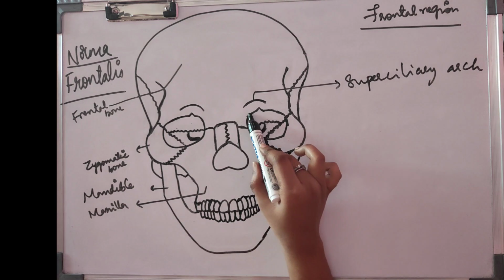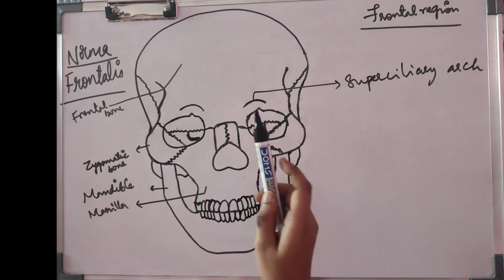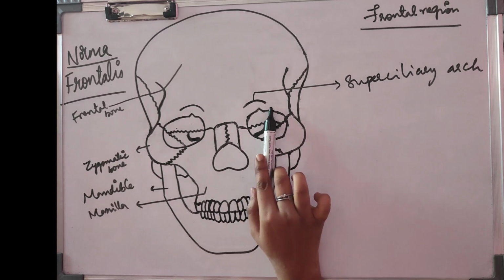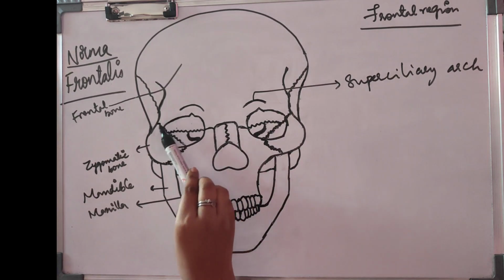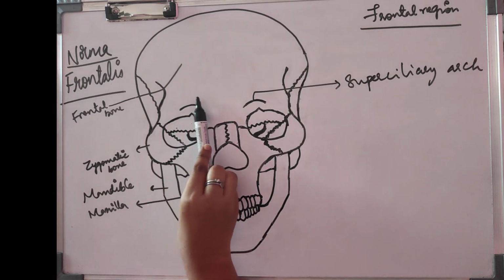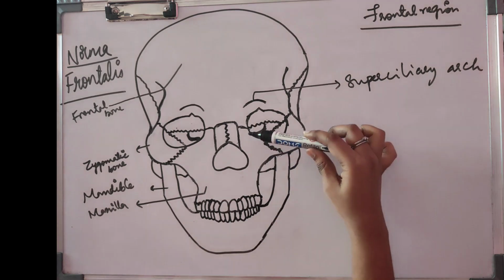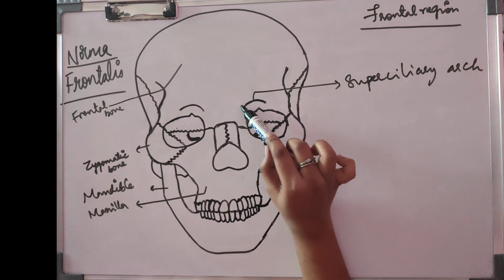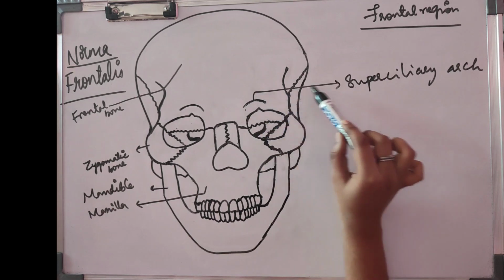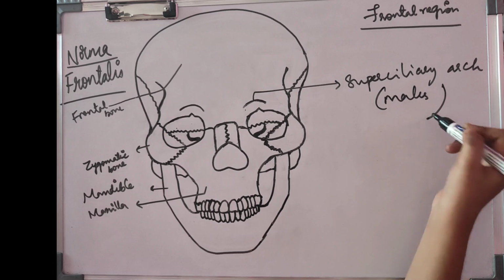If we talk about this orbit, the part which is close to the midline is known as the medial part, and the part that is away from the midline is known as the lateral part. Similarly, for this orbit, this part becomes the medial and this part becomes the lateral. So above the medial part of each orbit, we can find one curved elevation known as superciliary arch, and these are more prominent in males.